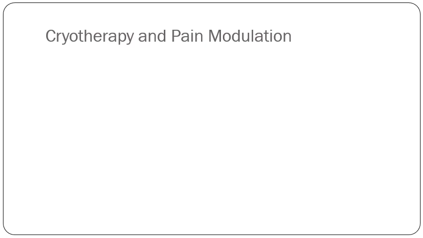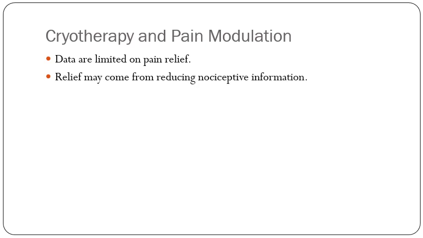So again, even though the data is limited on pain relief, empirically we use ice to relieve pain. And we do know that there is an effect on the nervous system structures to help in relieving pain. It's going to come from reducing nociceptive information.